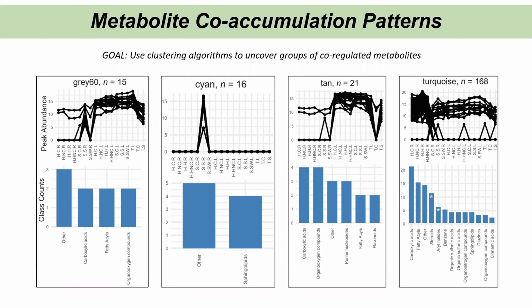So either they're being produced independently in these different organs, or maybe there's transport that we just didn't capture. And this final module here is showing metabolites that are either completely excluded from the roots grown hydroponically, or only found in roots grown hydroponically, indicating that there might be growth condition specific metabolites.